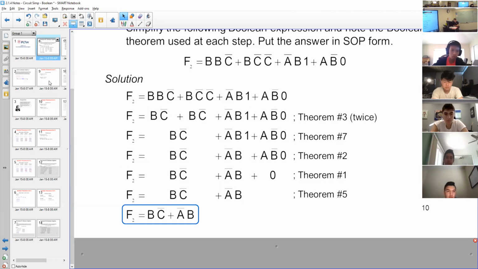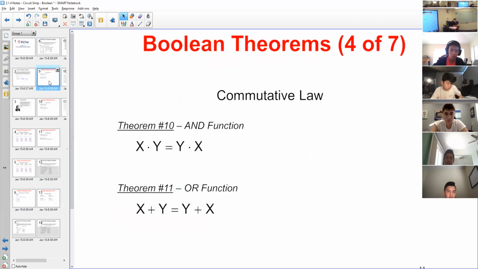So these are just like what they mean in math class. So commutative laws, theorem 10, for AND gates, when you're multiplying two things, the order doesn't matter. So if switching the order helps, you can do that because multiplying 2 times 3 is the same as multiplying 3 times 2, right? Works the same in an AND gate. It also works the same in an OR gate.